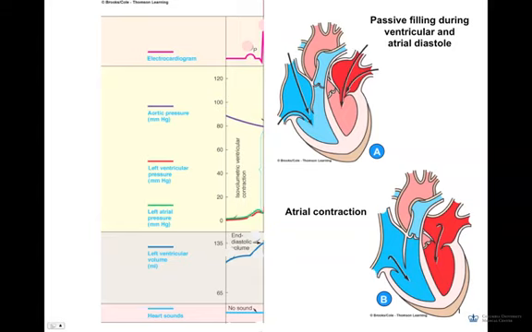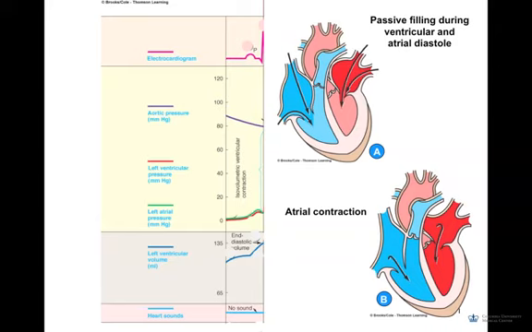And these AV valves are open. This stage of ventricular filling we call passive filling, because we're filling the ventricles with blood without needing to contract any muscle.